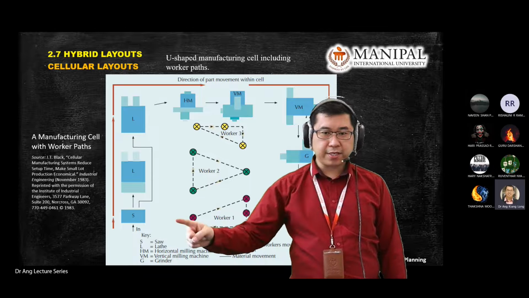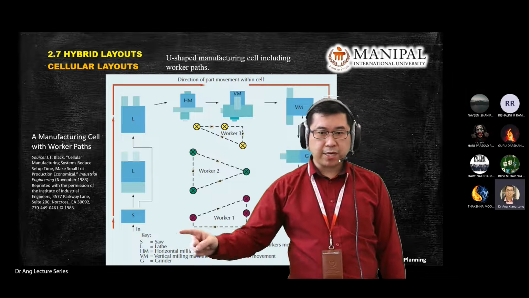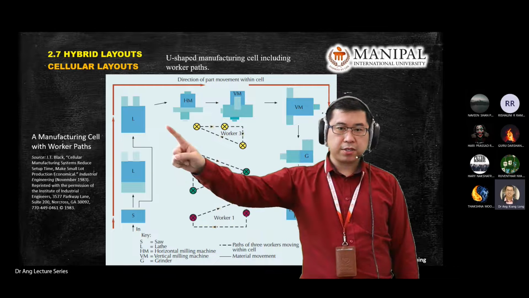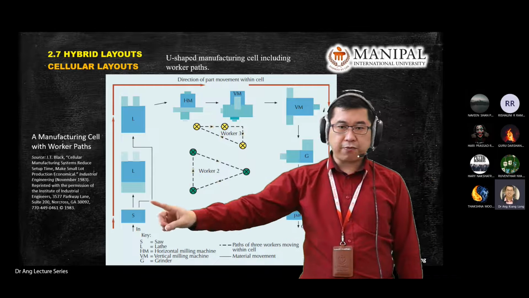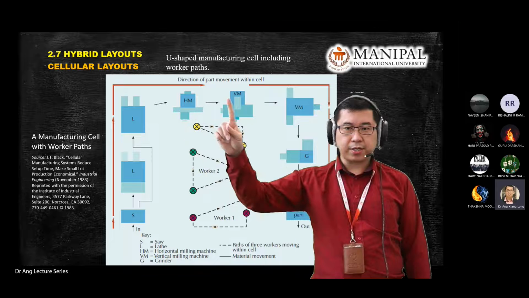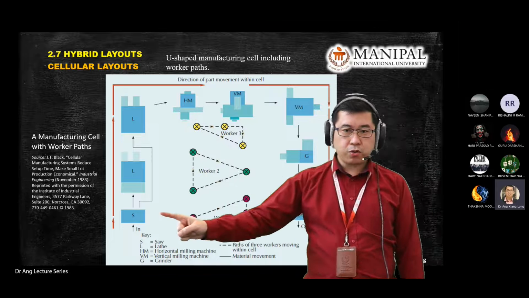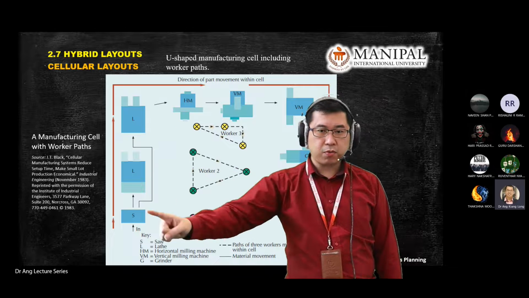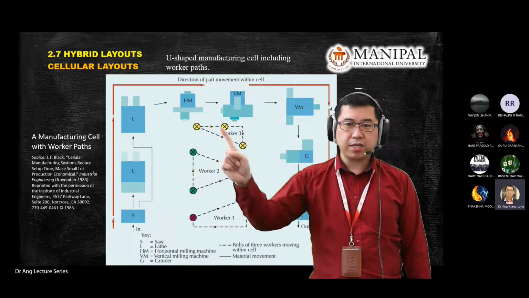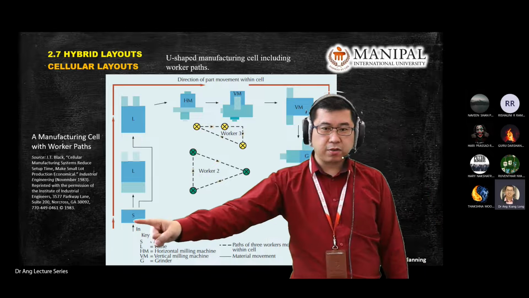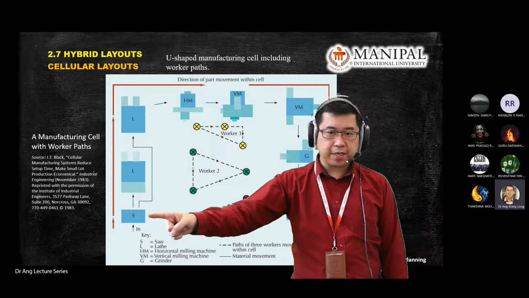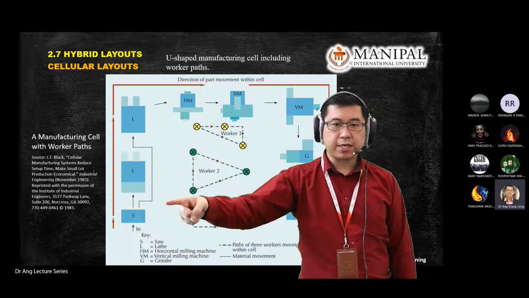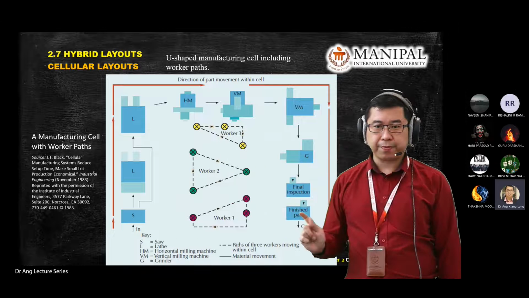For example, S is the saw, L is a lathe machine, and so on. So all these are machines. But observe the flow. The flow is only one direction. Although you can jump processes, the flow is only one direction. There's no counter direction. You can jump from here to here. You can cut the queue also, but the direction is one, from in to out.